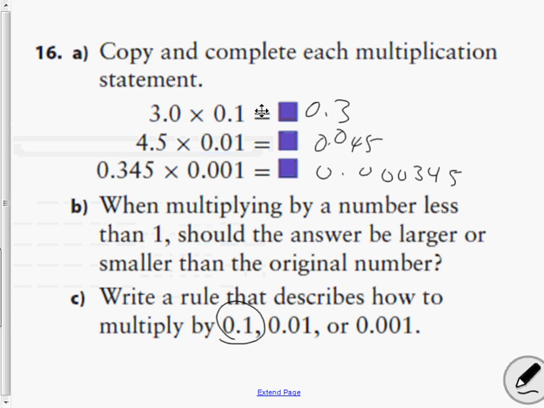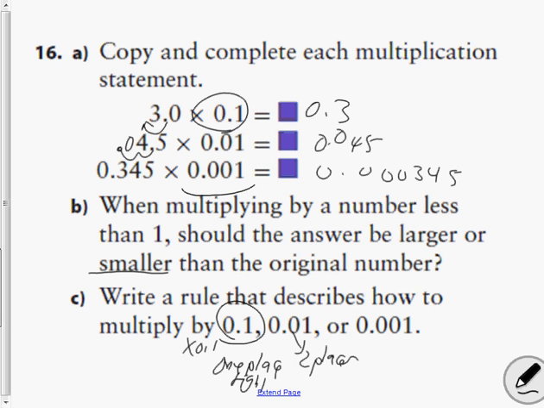So when you multiply by a number less than 1, you will always have a number smaller than the original, as we said before. And your rule is easy. When you multiply a number by a tenth, what I did with my decimal is I moved it 1 place right. When I multiplied it by 100th, I moved it 2 places right.